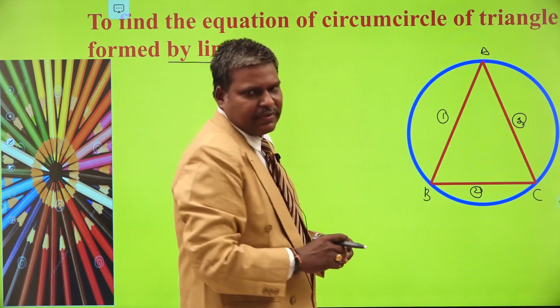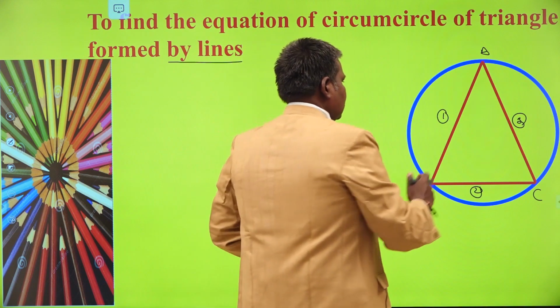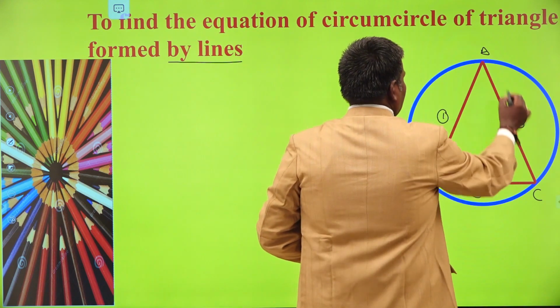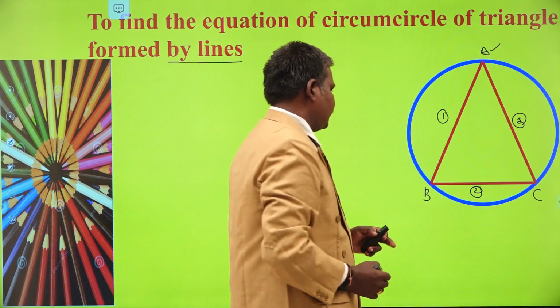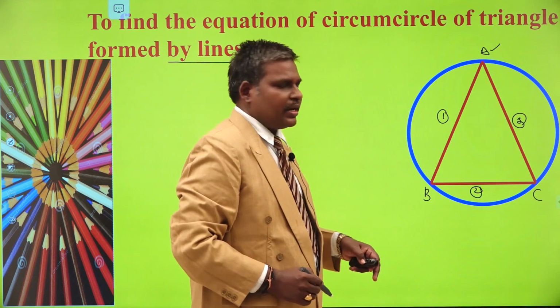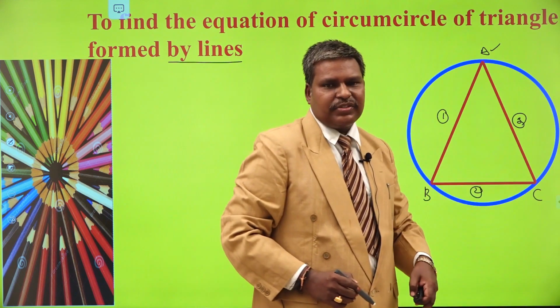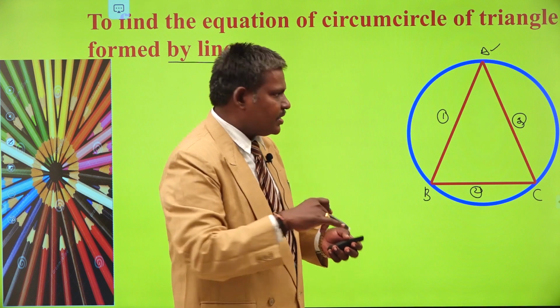Can you solve the first 2 equations? We get the coordinates of A. By solving 2 and 3, can you get the coordinates of B? Yes. By solving 1 and 3, can you get the coordinates of C? Yes. So your job is lengthy.